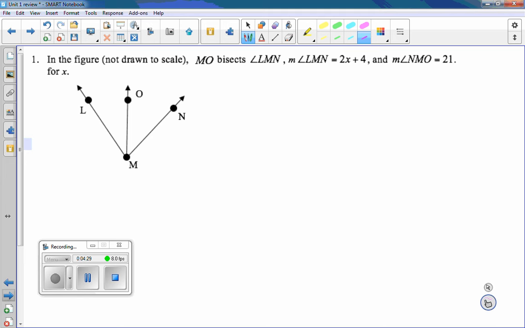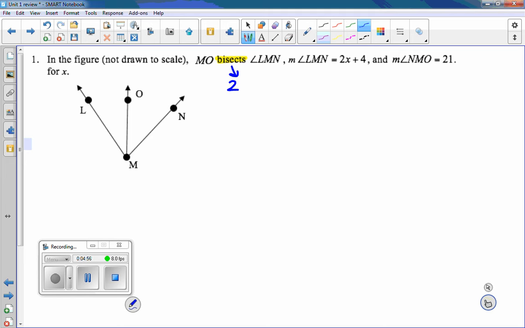All right. What is the key word in this information? What's the vocab here? Bisect. What does bisect mean? What does bi mean? 2. When you dissect something, what do you do? Cut it in half, cut it open.